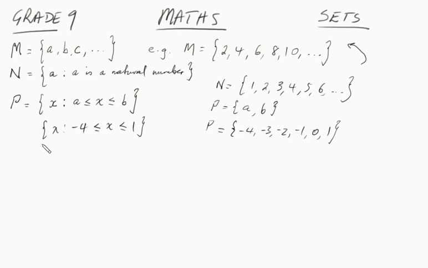Now, that is one notation, but sometimes we can have set Q, which is now in this form. Okay, let's say such that y is equal to ax squared plus bx plus c.